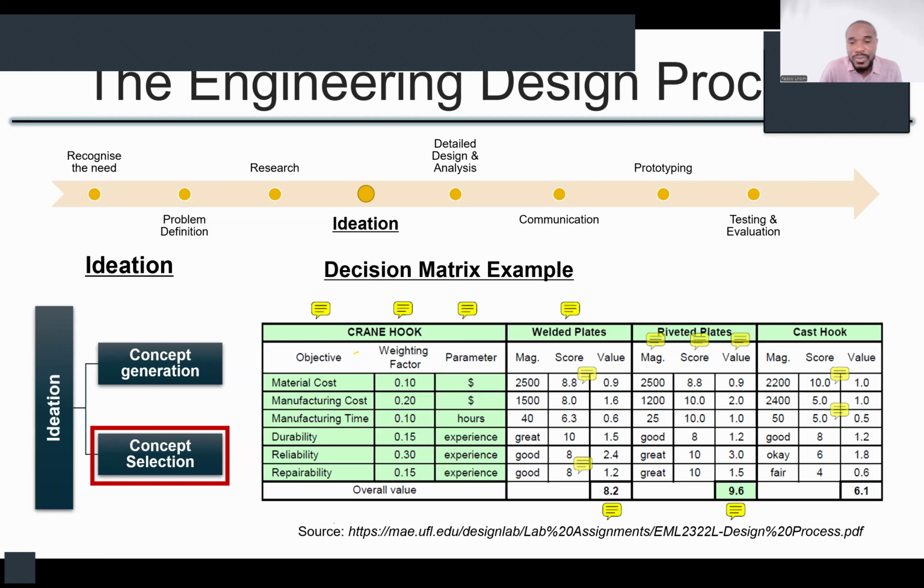Okay, so this is an example of a decision matrix, right? And let me bring up an Excel sheet so that we will do it together and we'll see. Are you following me? Is everybody with me? Yes, sir. Okay, that's fantastic.